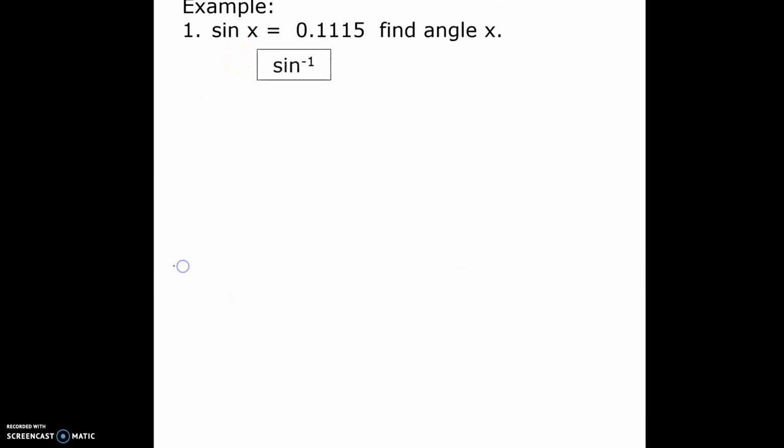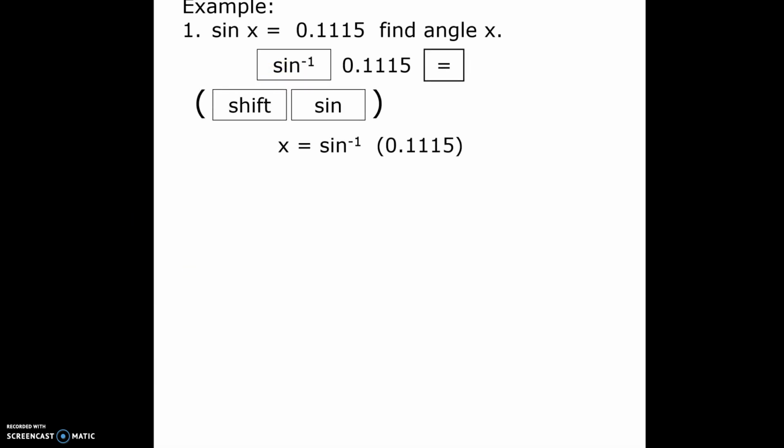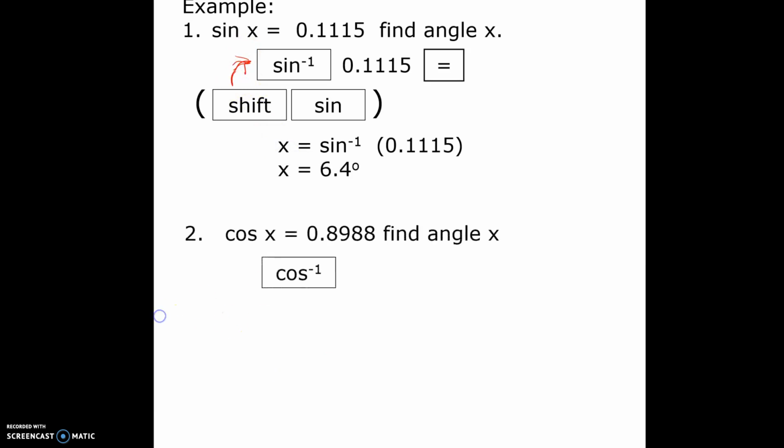So, for example, if the sine of the angle is 0.1115, so the ratio is 0.1115, then to find the angle I would put sine -1 of 0.1115 equals, and to get this, a lot of times you do shift sine or second sine on your calculator, and you should get 6.4 degrees. If you don't, you might be in radians.